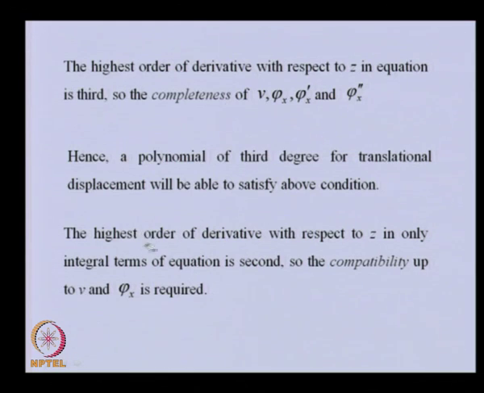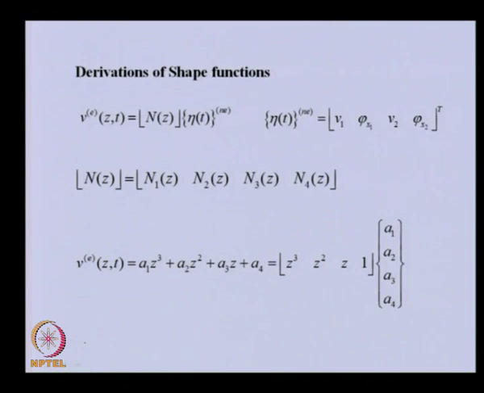For the compatibility, the highest derivative within the integral is 2, so up to one order less, that means for the linear displacement and the angular displacement we require the compatibility condition. With this information we can now decide about the shape function.